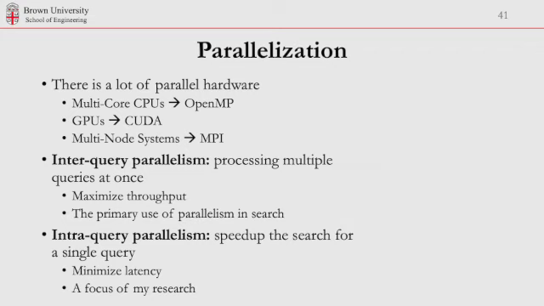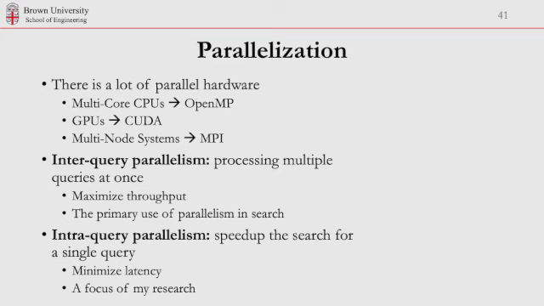To give you an example, I mentioned the trillion scale example from Meta, and they used a system with 100 nodes and 64 cores each. So that's 6,400 CPU cores that they coordinated to build that index and search with it. So you can coordinate a lot of resources.